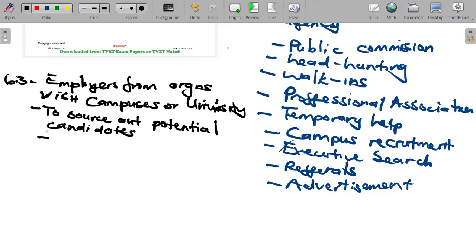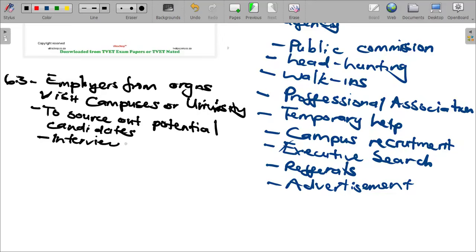Prospective employees from this source also include the students.